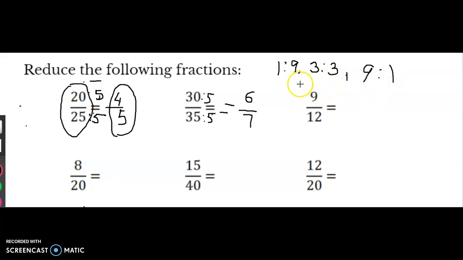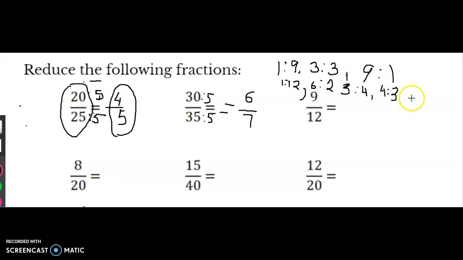Okay, so now 12. 12 divided by 1 is 12. 12 divided by 6 is 2. 12 divided by 3 is 4. 12 divided by 4 is 3.